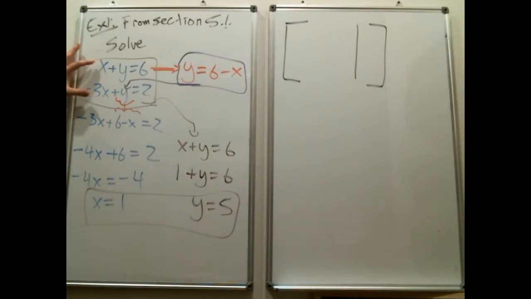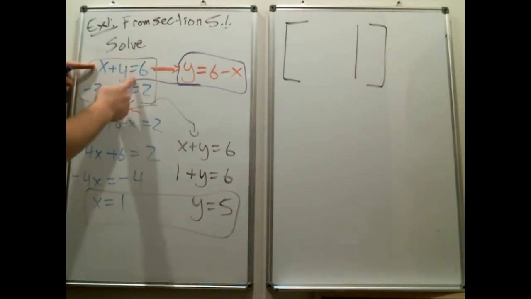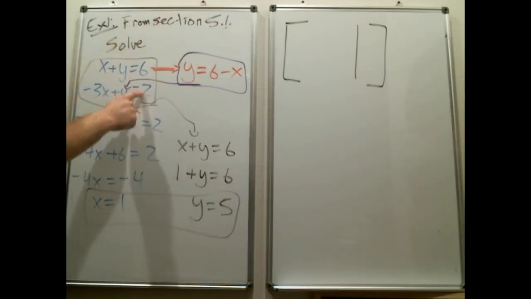All right, so let's see. Let's start with, so this line here is basically our equal sign in a matrix. So you come over here to these two equations, and the equal sign is here. So we would populate the right side of that equal sign with a 6 and a 2.